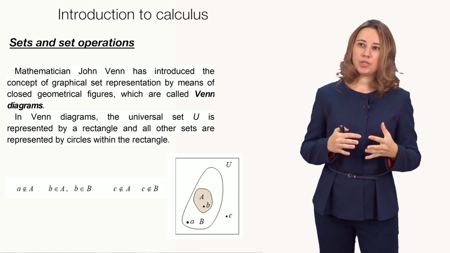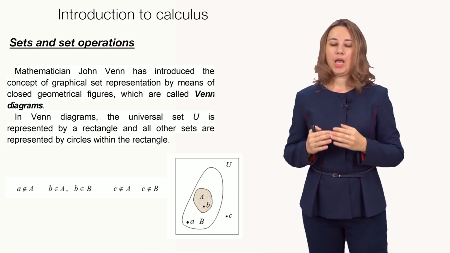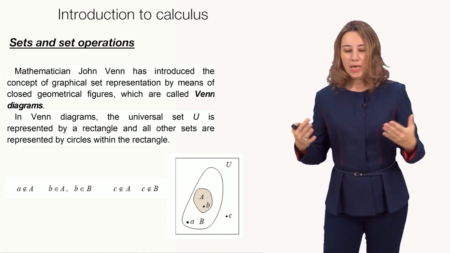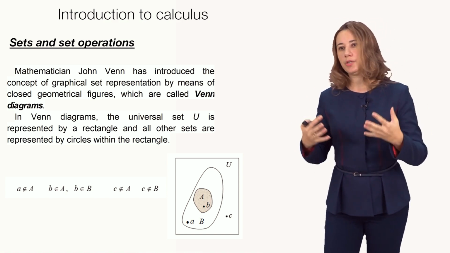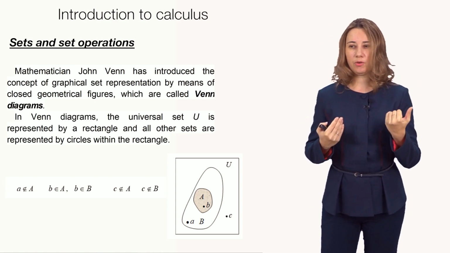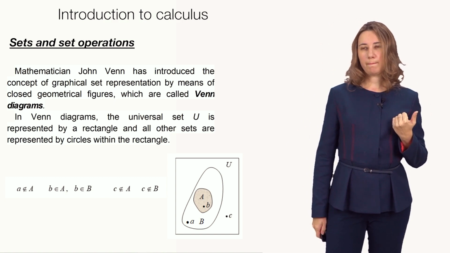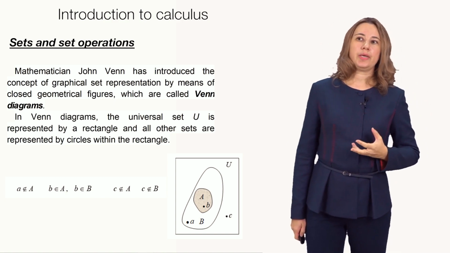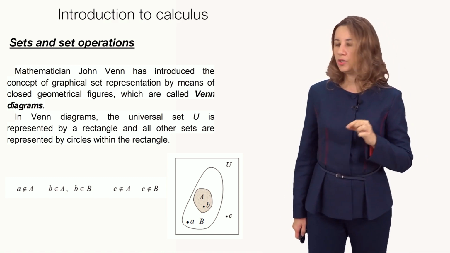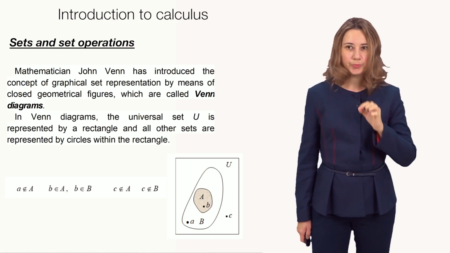Hence, the element A doesn't belong to the set A. Since the set A is a subset of the set B, the element B is an element of our set B as well, because all elements of A are elements of B. In this line of thought, we can say that the element C belongs to neither A nor B, but it is an element of the universal set U.